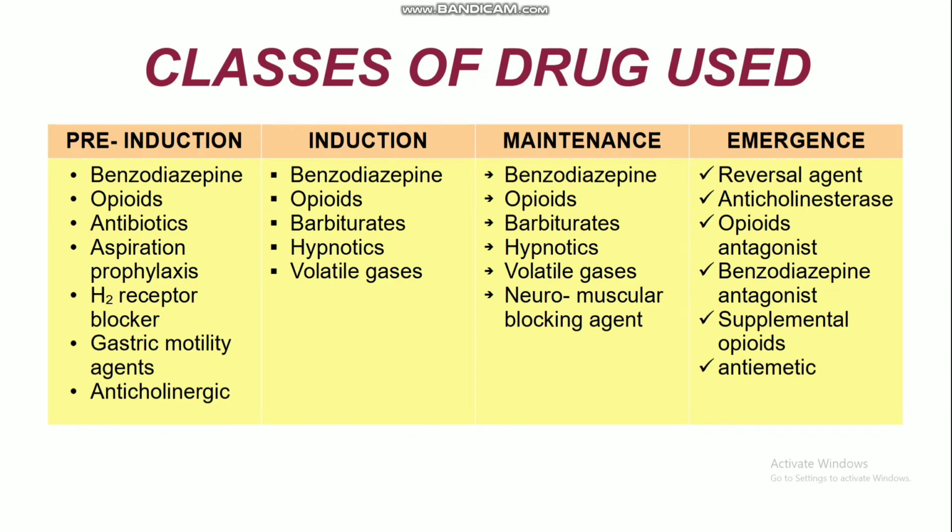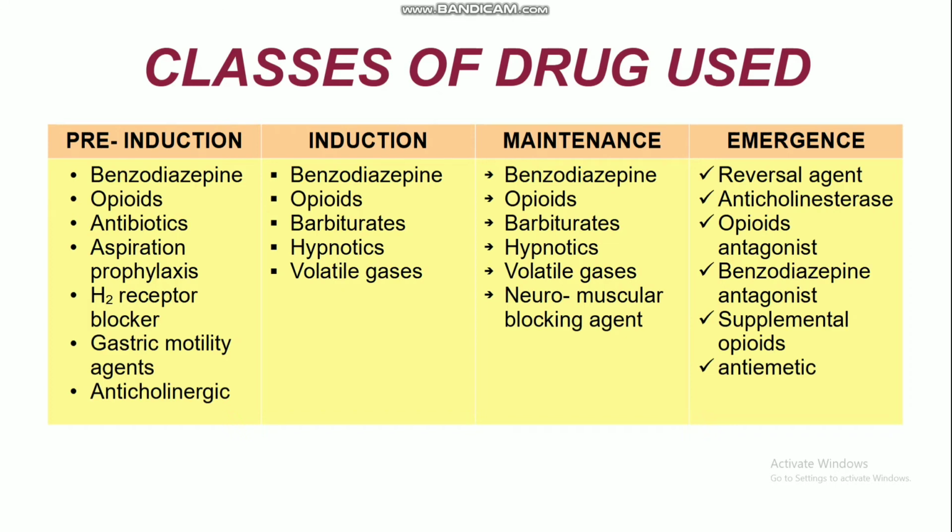Then the drugs. In the pre-induction phase, a benzodiazepine should be used. Benzodiazepine, opioid, any type of antibiotics to prevent infections, aspiration prophylaxis to prevent aspiration, mainly the anti-vomiting agent or H2 receptor blocker, 5-HT3 receptor antagonist, or gastric motility agent, and an anticholinergic agent should be given.